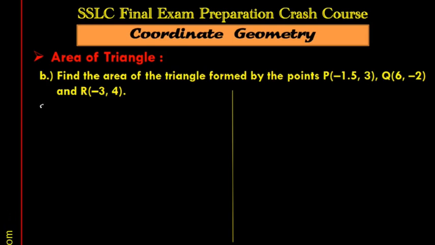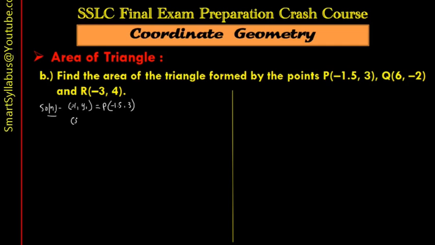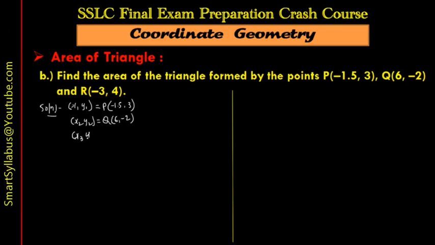Okay, the solution part. First we'll compare these with x1 y1, x2 y2 and x3 y3. So x1 y1 is P, minus 1.5 and 3, and x2 y2 is Q, so it's 6 and minus 2, and x3 y3 is R, minus 3 and 4.